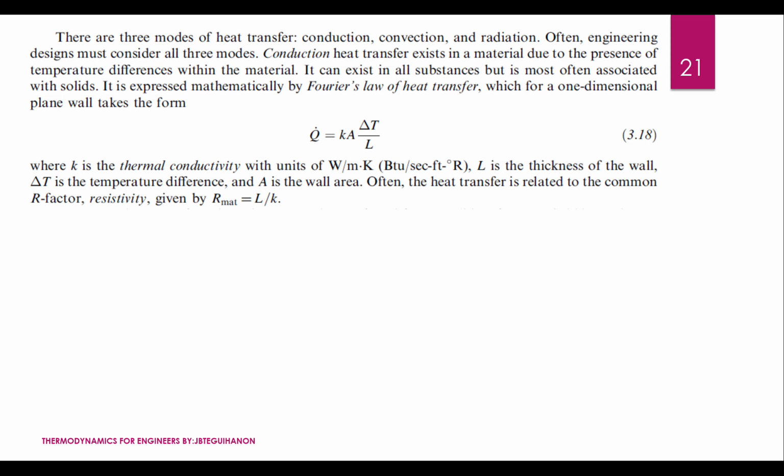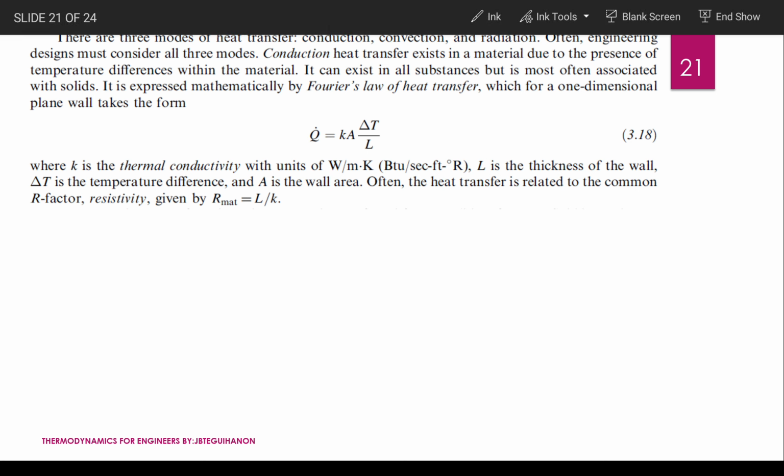Heat transfer by conduction exists in a material due to the presence of a temperature difference. This is the temperature difference within the material. So in our illustration, that is the copper rod.